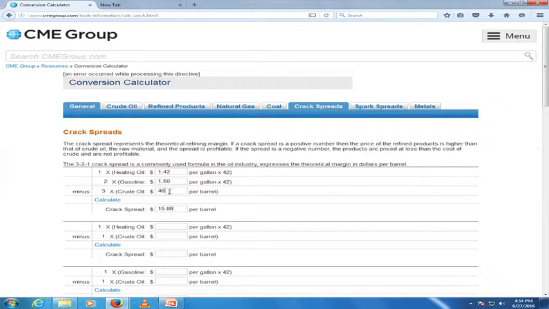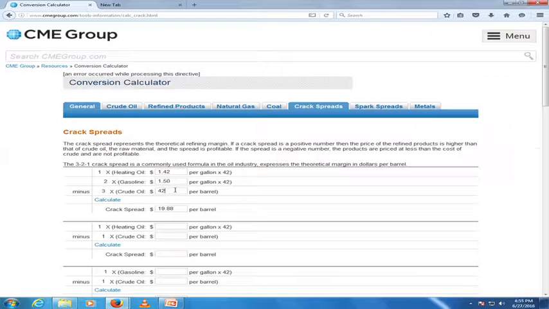Let me change this one, let's say to 44 or 42. Let's see how much it is. So you have 19.88, because the refiner is going to get a higher margin when heating oil price and gasoline price remain unchanged and the crude oil price goes down.